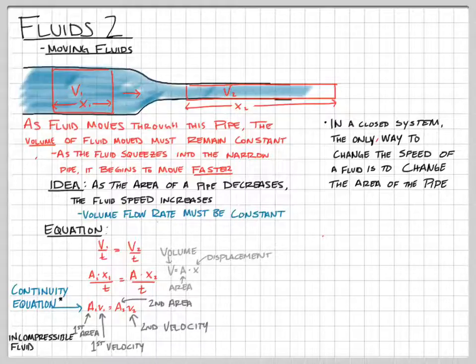That's the only thing that the speed is really going to depend on, is the area of the pipe. If the area of the pipe is the same at two different places, the speed is the same at those two different places. Other things change, but the speed is going to be the same. All right. A closed system is like a closed pipe network. We don't have any open air spots for it to deal with.